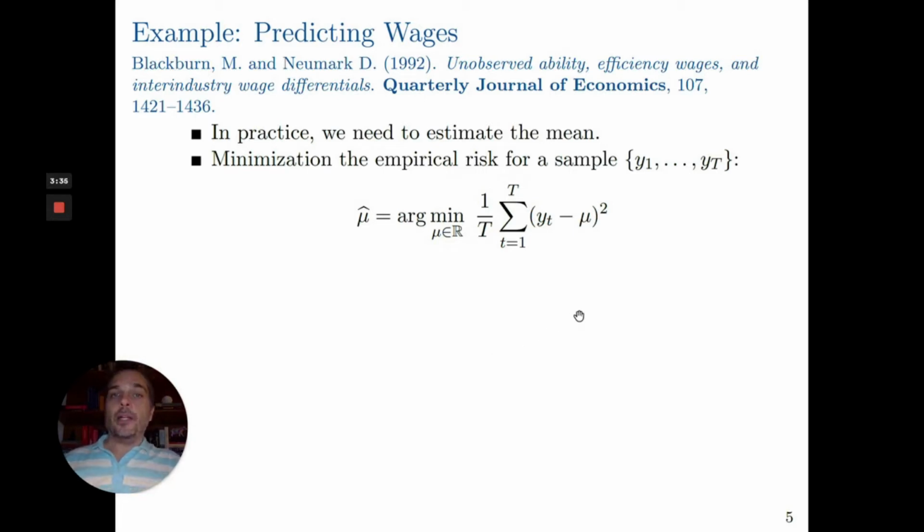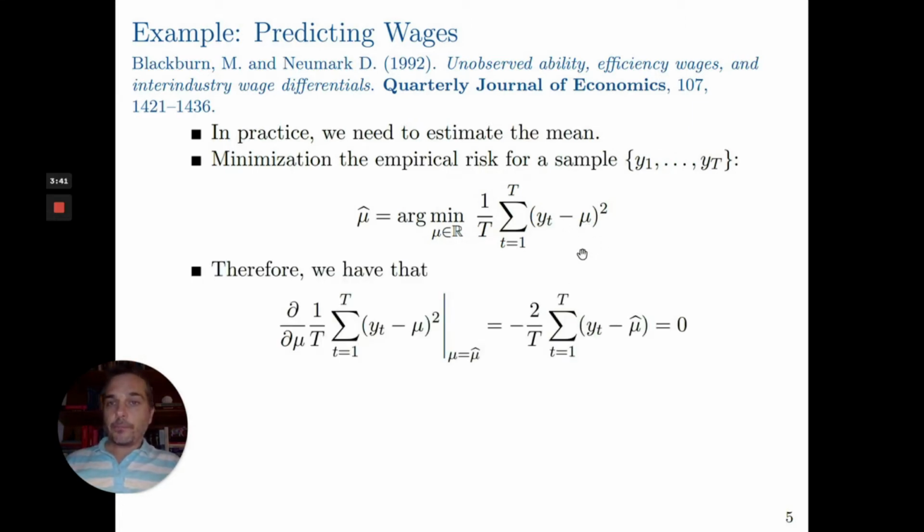Okay? So we want to minimize the sum of the squared errors. Okay? So if we take the derivative of that function and make it equal to 0, that's what we have. And then we can solve that this way.